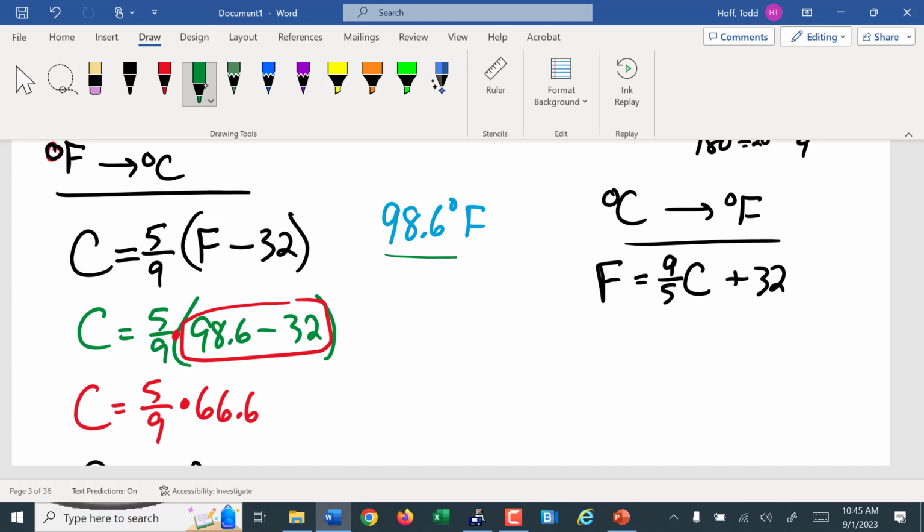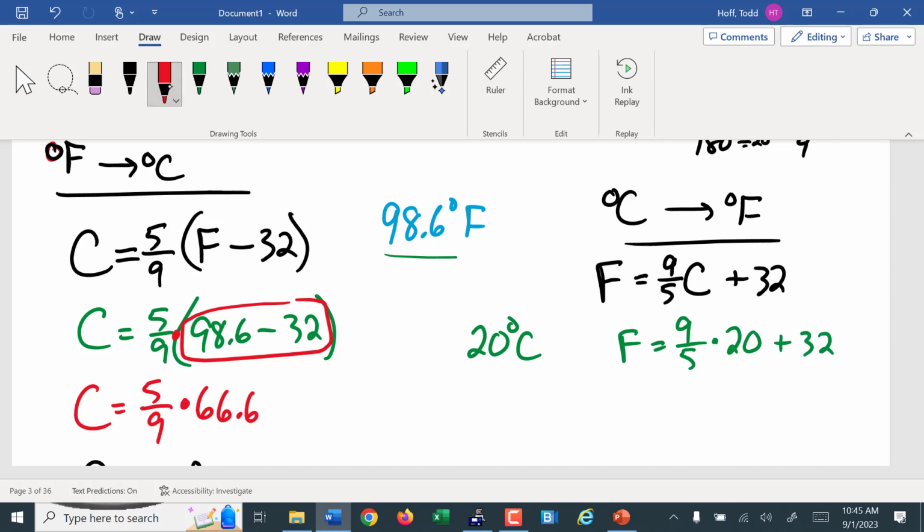So let's say you're driving into work and you hear the weatherman say it's going to be 20 degrees Celsius today. Is that going to be a nice day? Well, let's plug it in. So here we're going to put 20 in where C is. Remember, 9/5 C means 9/5 times C, or times 20, plus the 32.